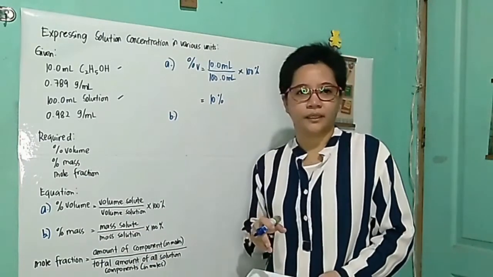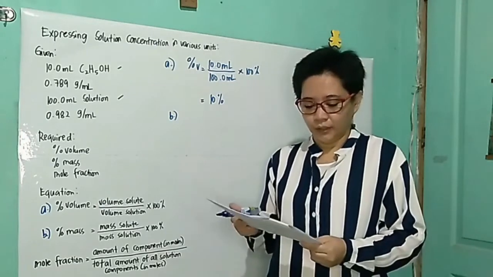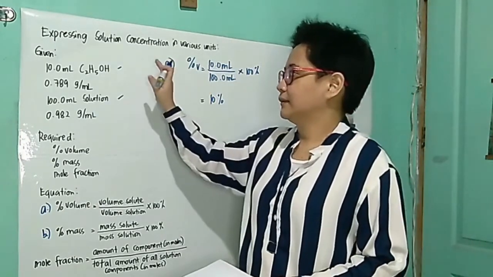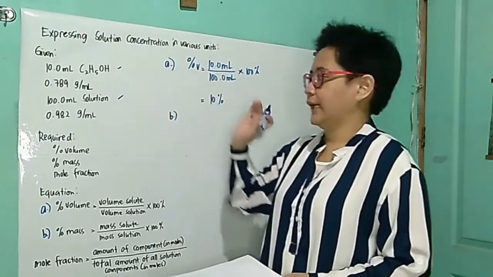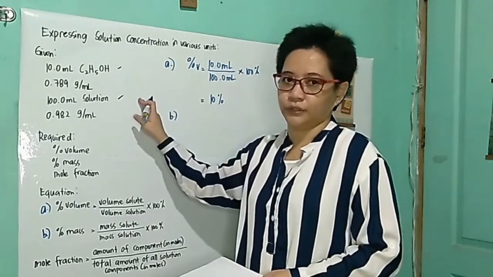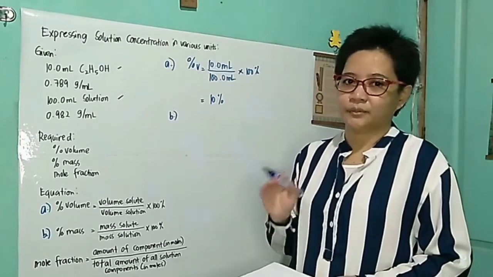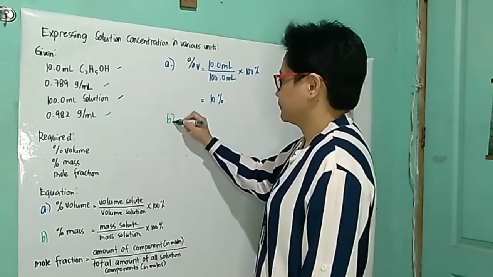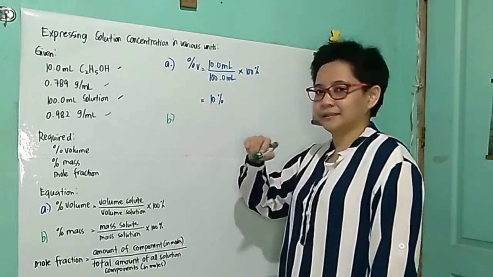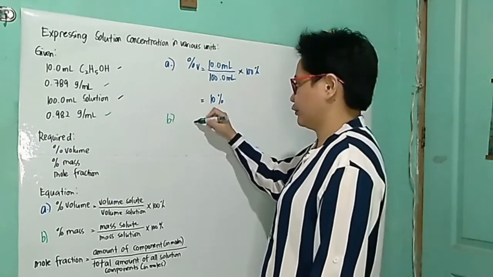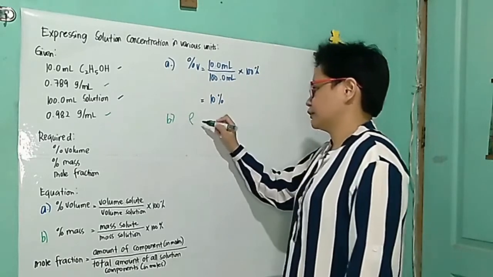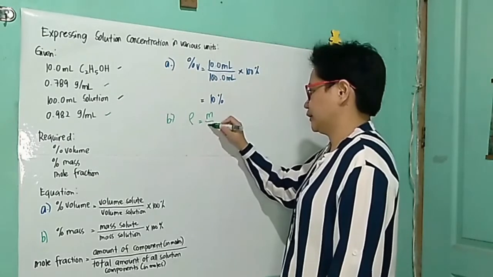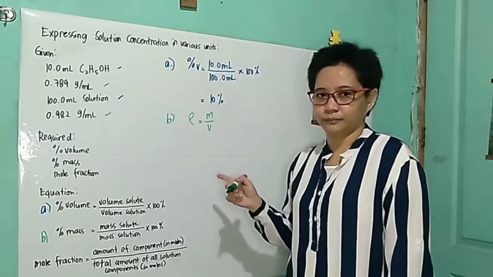To start with percent by mass, you have to find the mass of the ethanol and the mass of the solution. You can find this by using the given density. Density has a symbol of rho. So, density is equal to mass over volume.